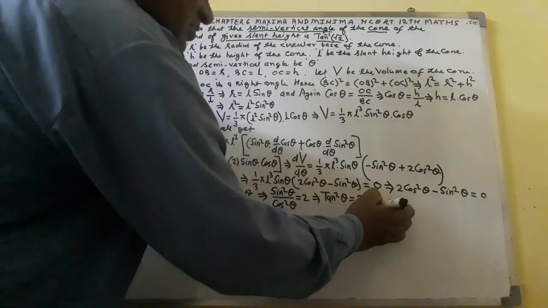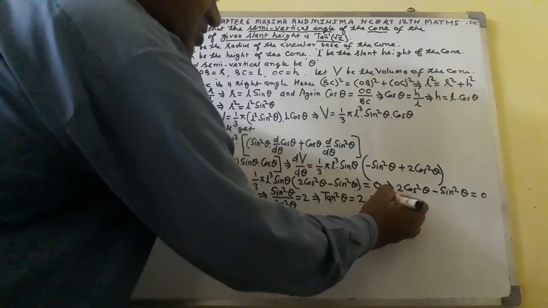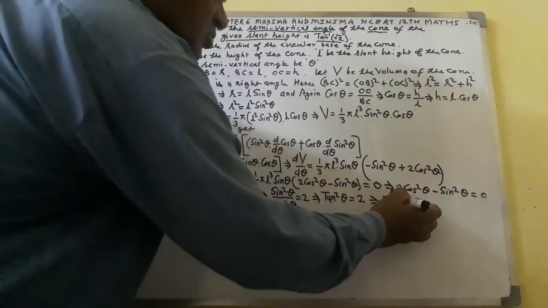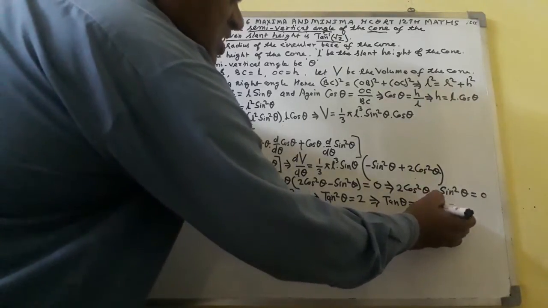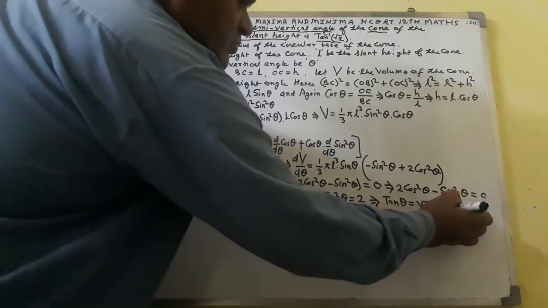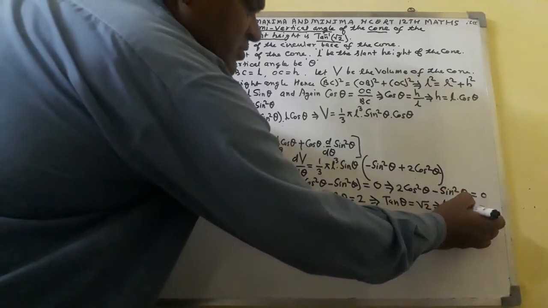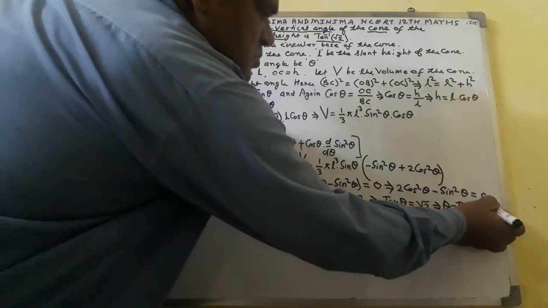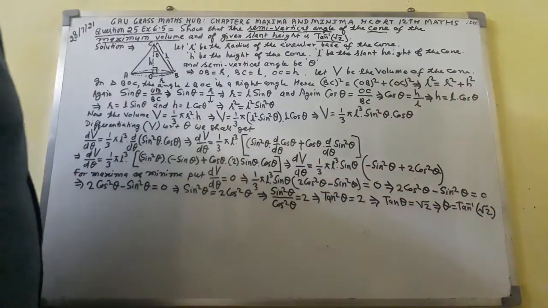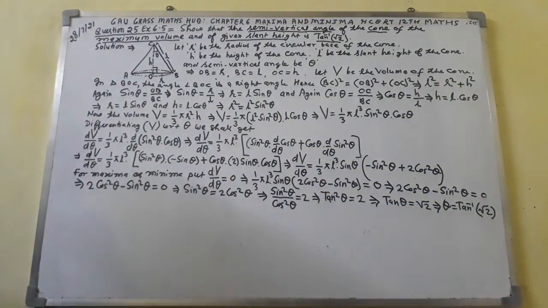Implied that tan theta is equal to under root 2. Implied that theta is equal to tan inverse under root 2. This thing I should write. Here we have got theta is equal to tan inverse under root 2. This value you have got.